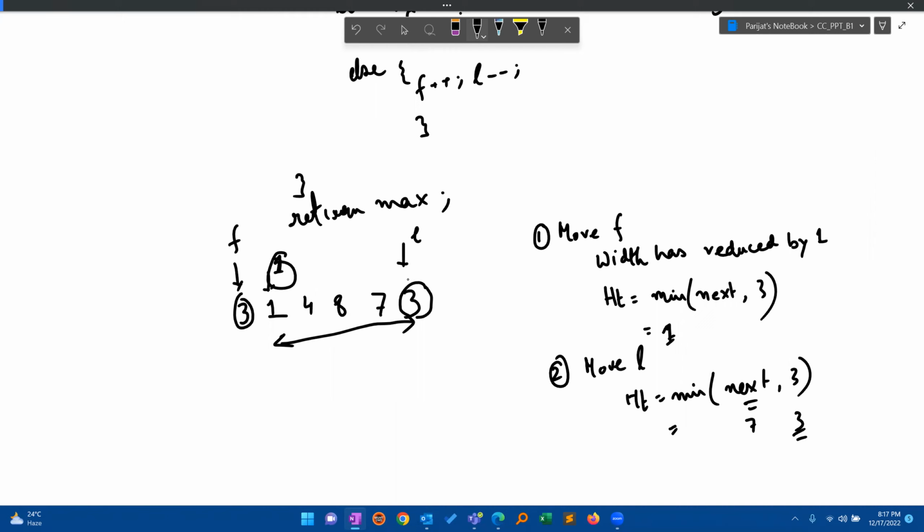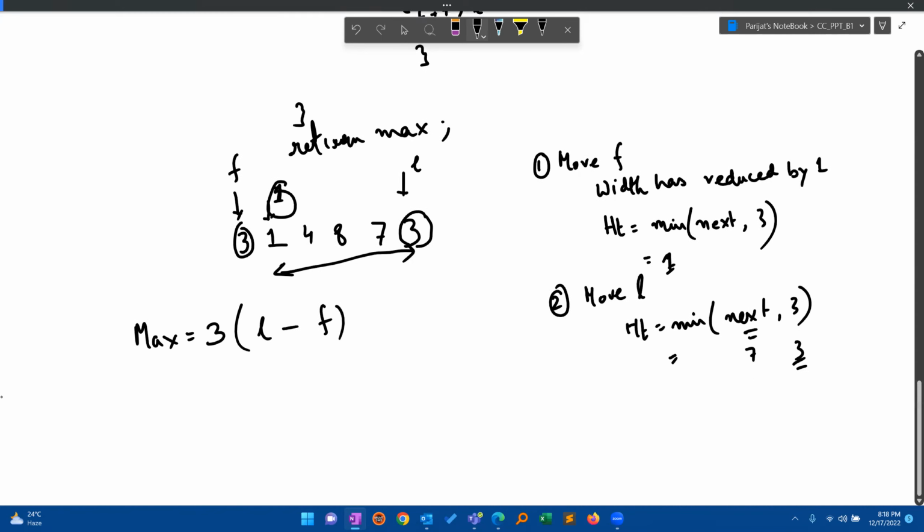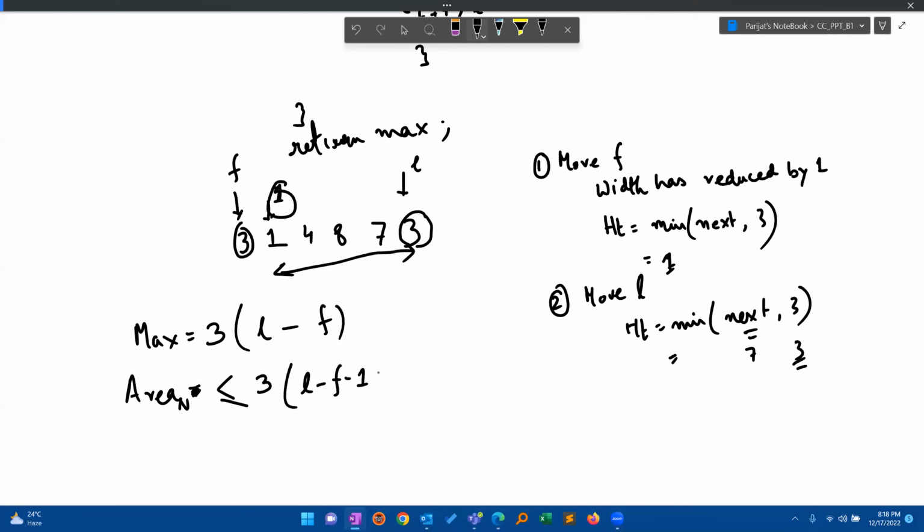So the max area that you had found initially would have been 3 into last minus first. The new area would be upper capped at 3, so area new will be less than or equal to 3 into last minus first minus 1.